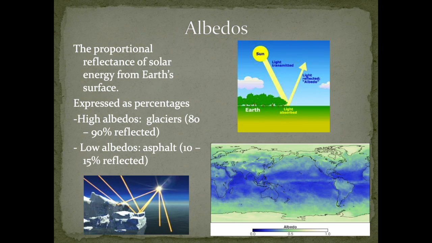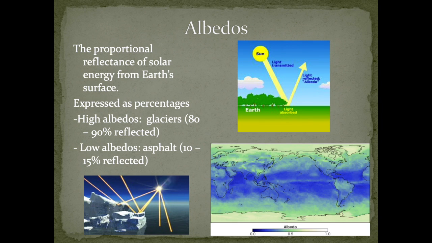If you look at the definition of albedo, it's the proportional reflectance, how much it reflects. And this proportion is set up as a percentage of the total amount of heat coming in as solar radiation from the sun. So when you're thinking of ice, ice caps, glaciers, they're reflecting 80 to 90% of the heat coming from the sun.